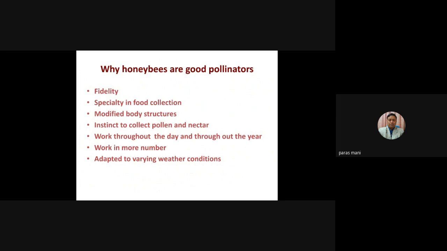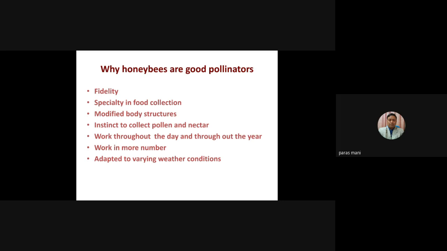In all the seasons, different species of plants produce flowers. That is helpful for different species. Honeybees work in more number, definitely. Each hive they constitute will have around 15 to 20,000 individuals. If it is an Apis mellifera colony, we will have 30 to 50,000 individuals in one colony.